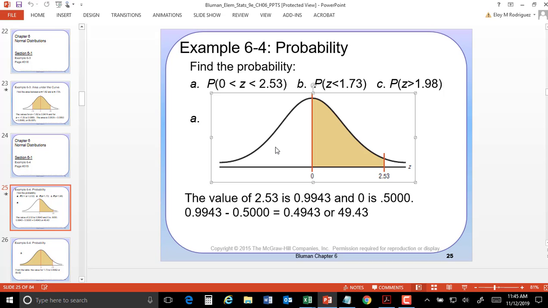Correct? Because it's symmetric. So we're going to have to find the area from here on back, yes? And subtract how much from that? 0.5, yes? That's right. And we don't even bother because we know that 0.5 goes from here to here. Then we look up 2.53 in the chart and we get 0.9943, from which we subtract 1/2. And that will give us this interval, you understand?